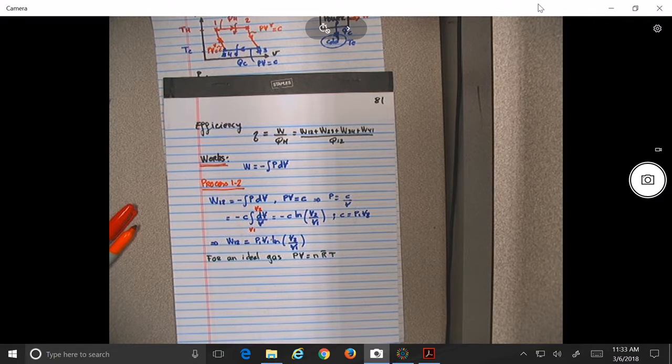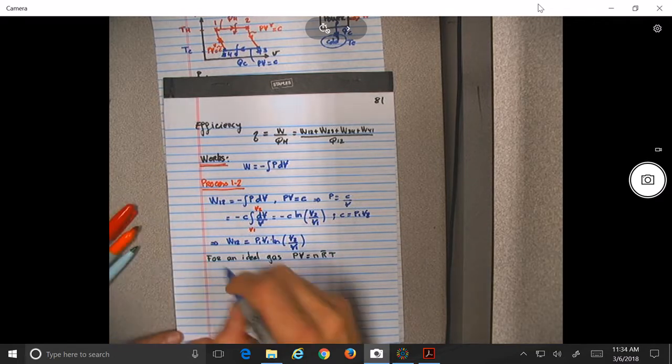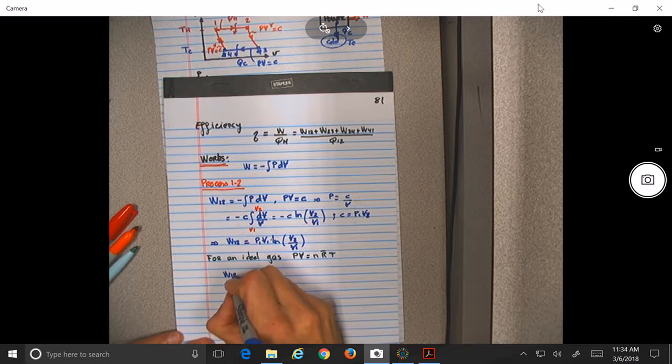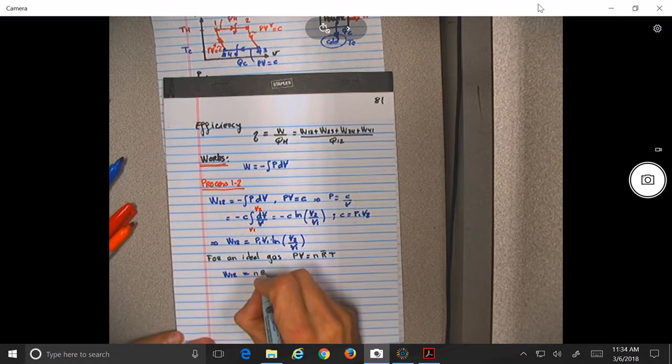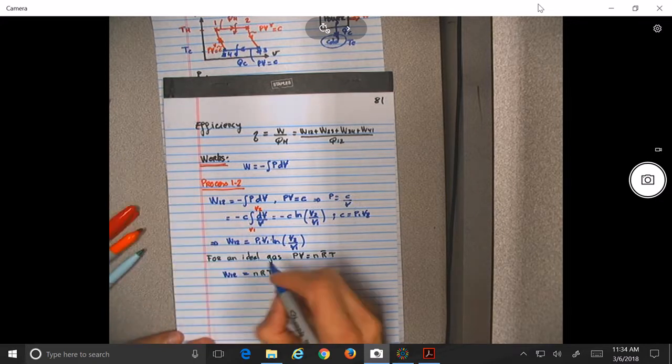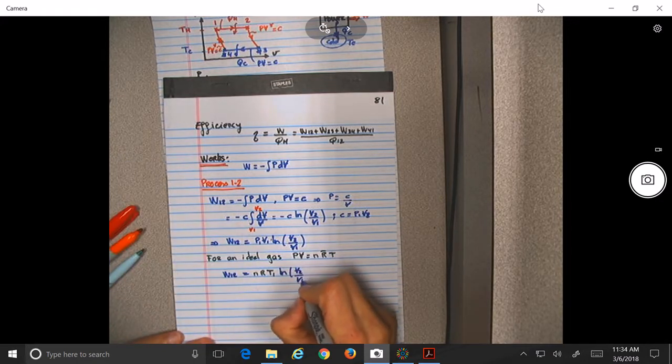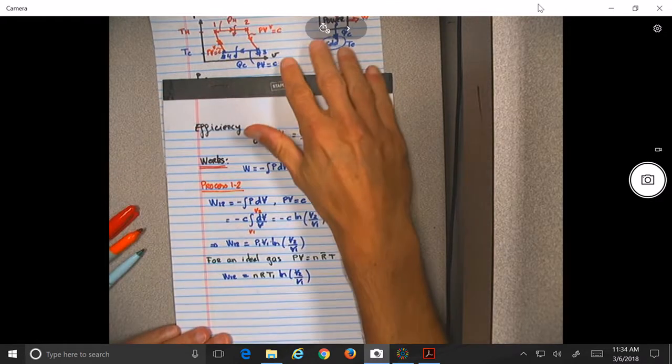So basically, what can I do? So really work 1,2 is also equal to what? nR T1 log V2 over V1.